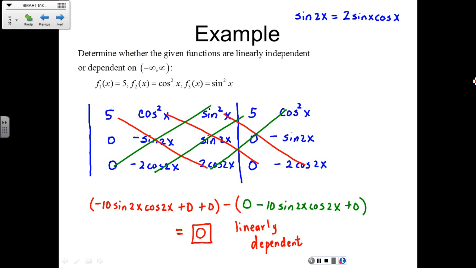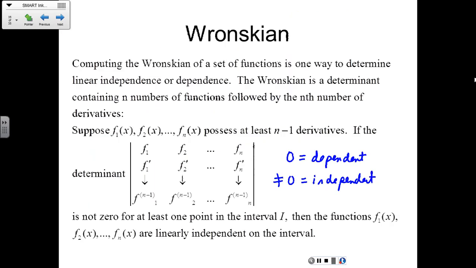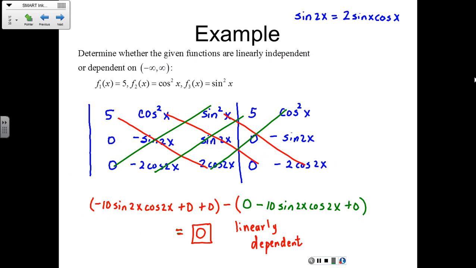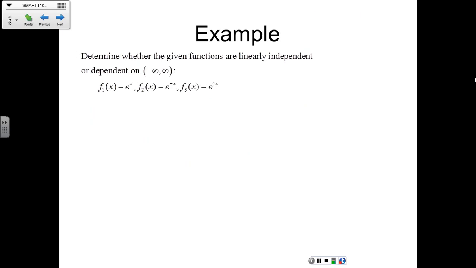What's this determinant called? Wronskian. I think that sounds Polish to me. Wronski, maybe the last name, something like that. If I ask you to find a Wronskian, you'll have to do this later on something else we're talking about. The Wronskian is the determinant. Okay? One more and we'll be through.